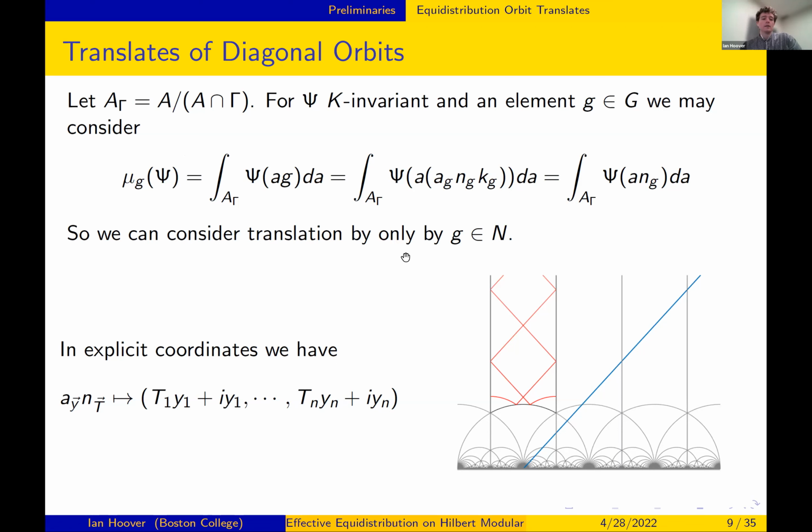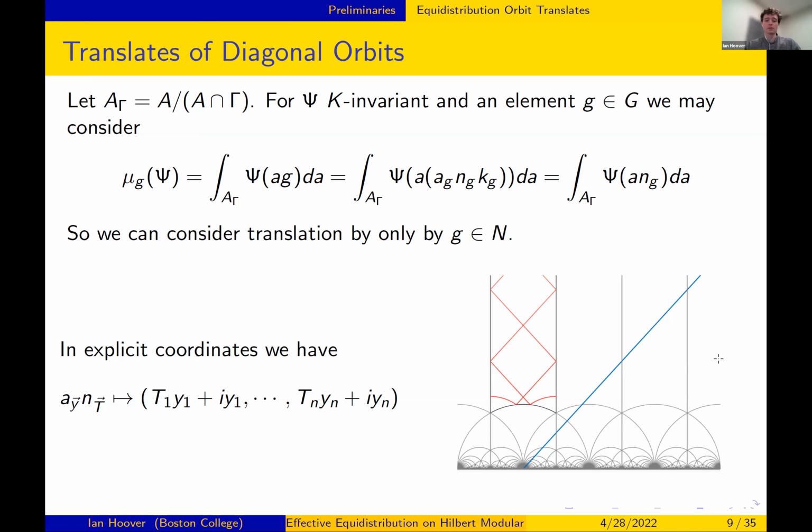In explicit coordinates, a sub y translated by n sub t is going to look like this. In each component, your real part is t y, and your imaginary part is just y. So in the n equals 1 case, your diagonal orbit, say through the point i, would be the vertical line. And then as you translate it, it simply shears that line to the right.